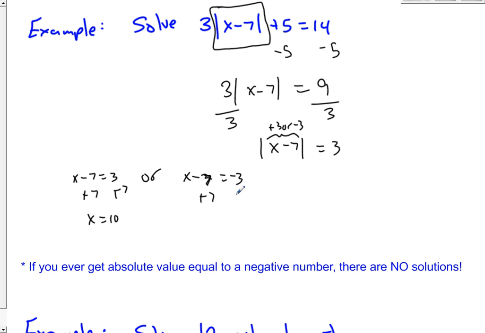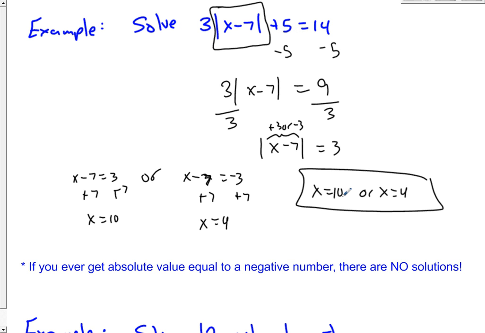When I add 7 over here, I will get x equals 4. So I have x equals 10 or x equals 4. So anytime I have numbers on the outside of the absolute value, I need to make sure I solve and get the absolute value part of the equation all by itself.